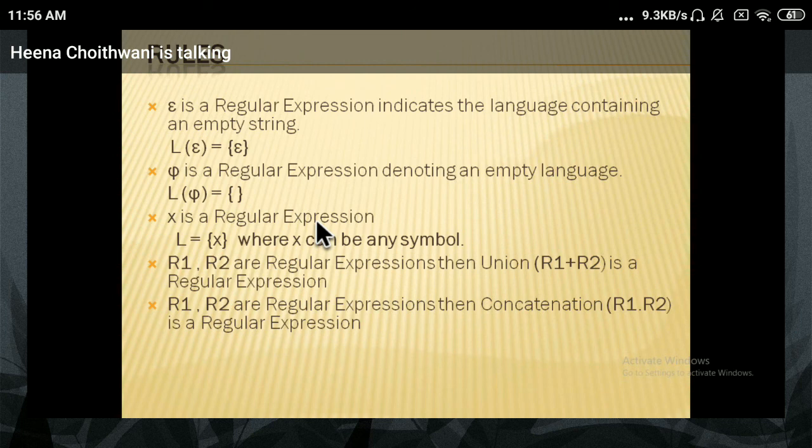So this way we can conclude all these strings which are created with the set of symbols are regular expressions. In that we have seen the empty string epsilon is a regular expression. If your language contains nothing, it is a null set, an empty language, that is also a regular expression. Is it okay?